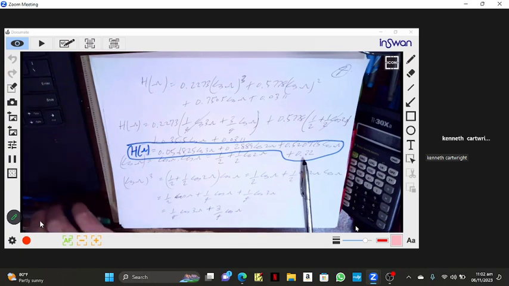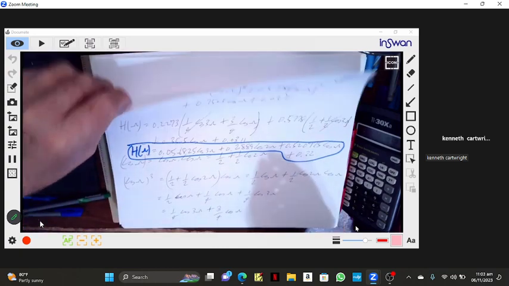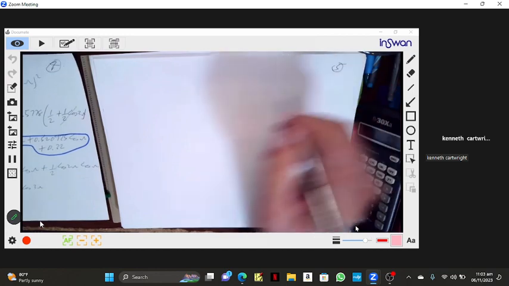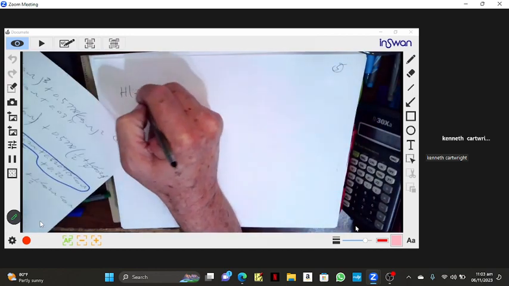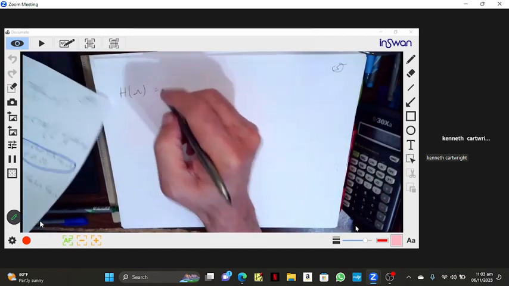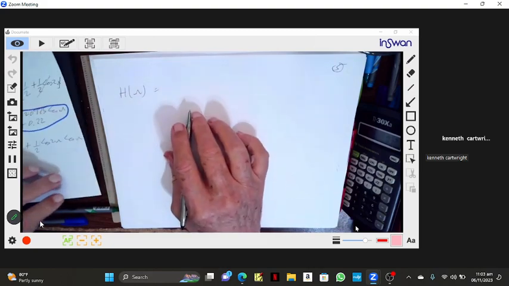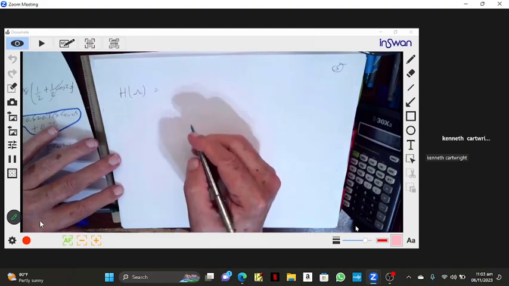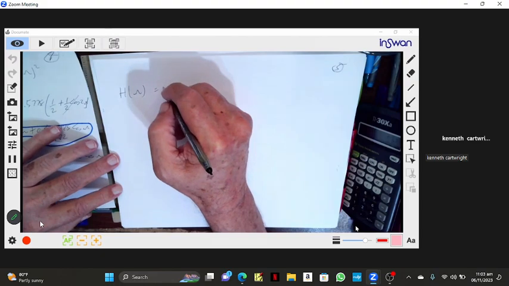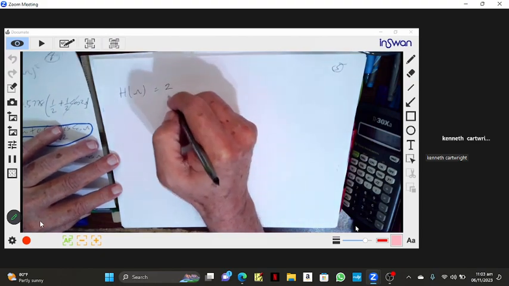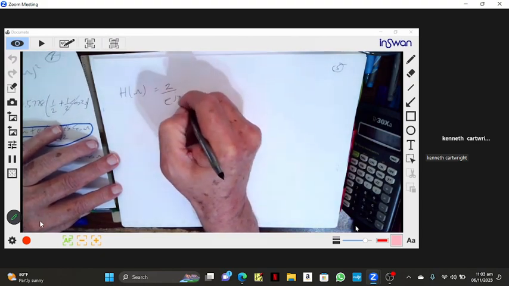Let's take a simple problem first. If I give you h of omega, let's take some number. I'm going to call it 2. 2 divided by e to the j omega.